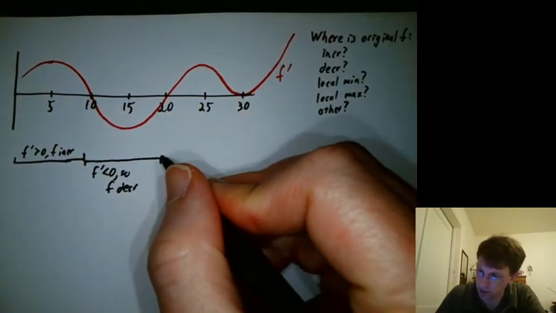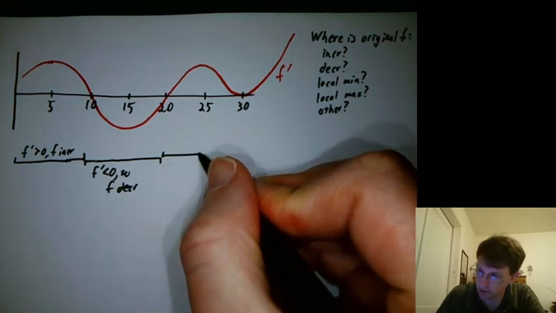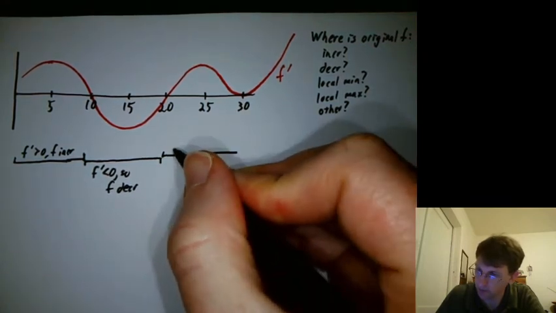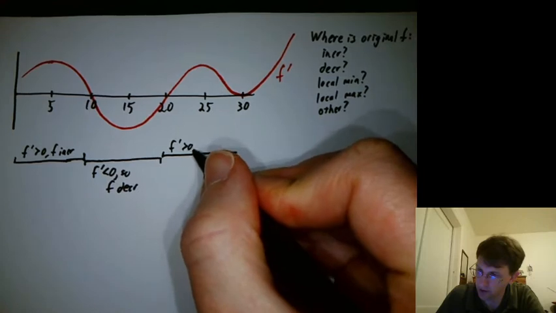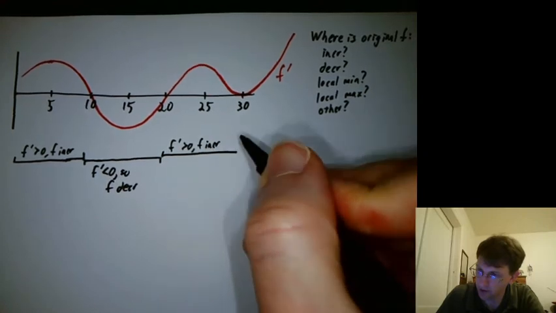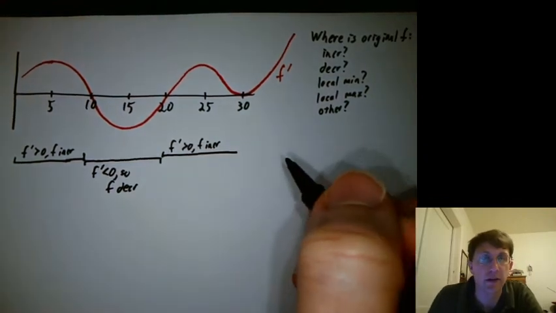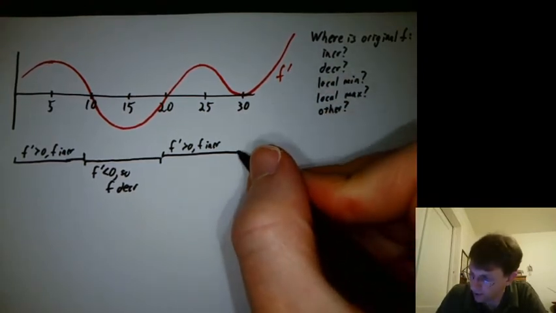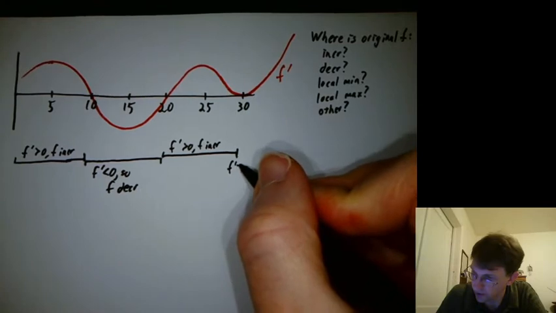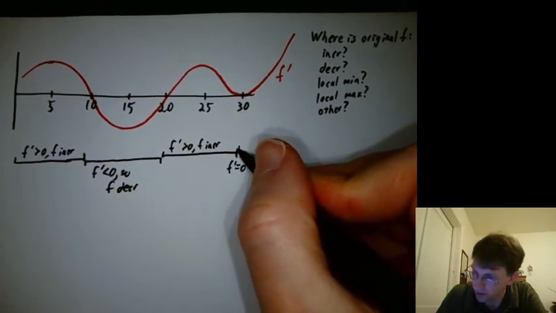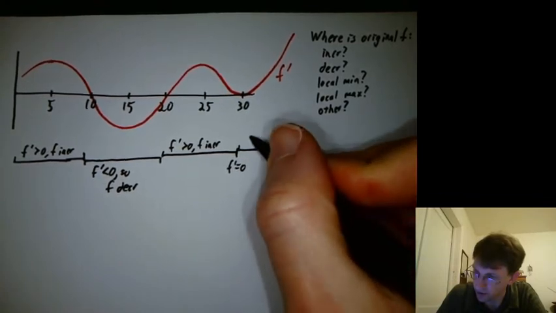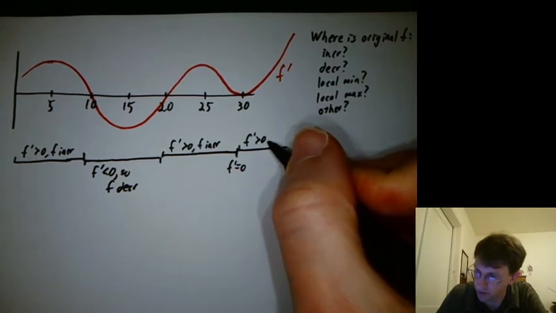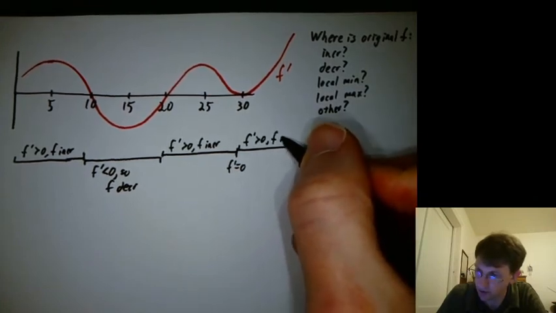And we seem to have a pattern here, so we'd say over here, f prime is positive, f is increasing. And then what about at 30? What would you say there? At 30 itself, f prime is 0, and then from 30 onward, f prime is positive still, so f is increasing.